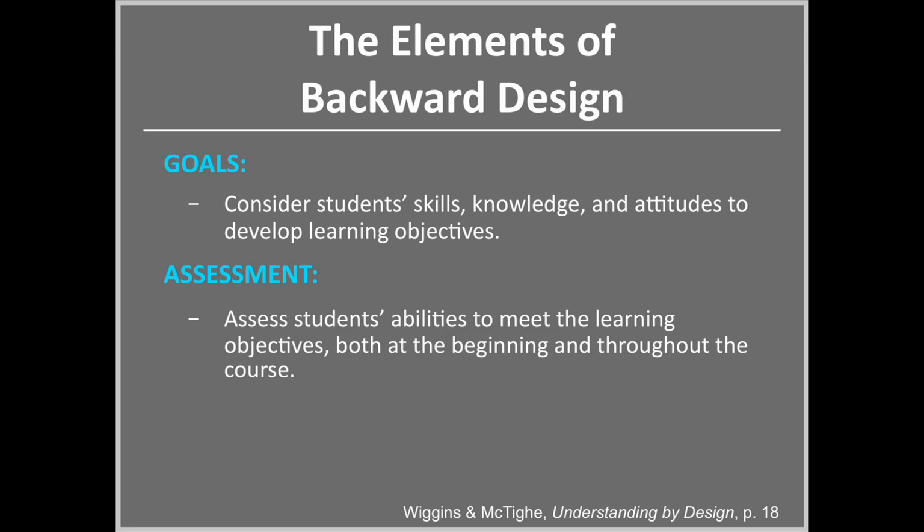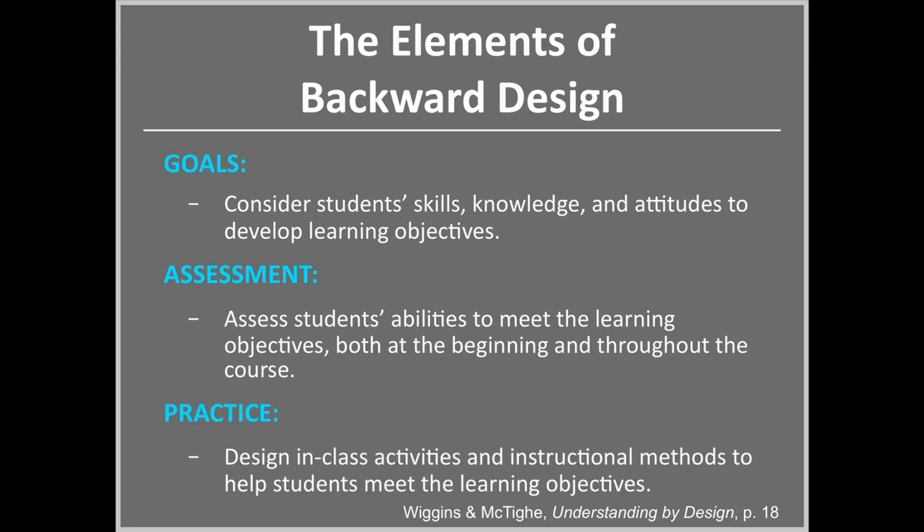In the second step of backward design, determine the acceptable evidence for students having met the desired learning objectives. The assessments that you choose should be performed at both the beginning of and throughout the course. In the third step of backward design, you will design the in-class activities and instructional methods to create the necessary learning experiences to help your students meet your learning objectives.